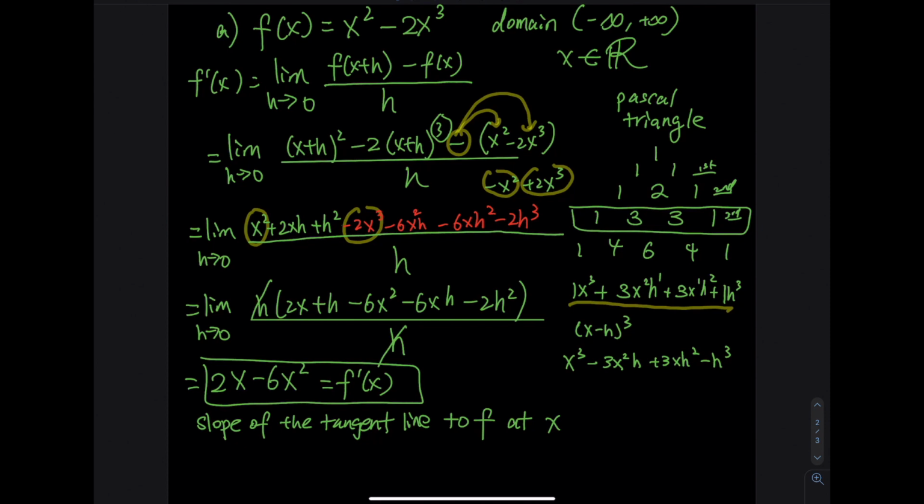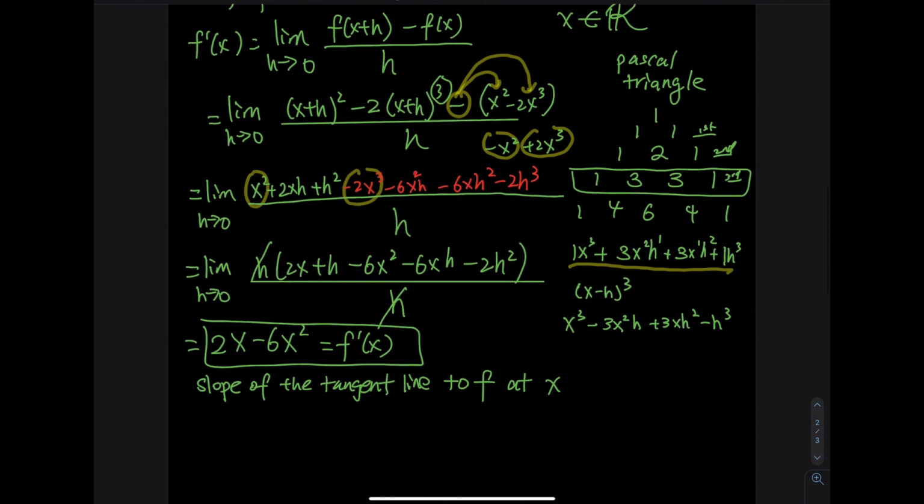This is a third degree polynomial, right? So you expect to see a curve. Sometimes the curve is increasing, sometimes the curve is decreasing. That means sometimes the slope is positive, sometimes the slope is negative, and sometimes it's 0. So the slope changes all the time. So this one has x, that means the slope is changing. So if you want to find the slope at a specific point, then you have to tell me that specific point.